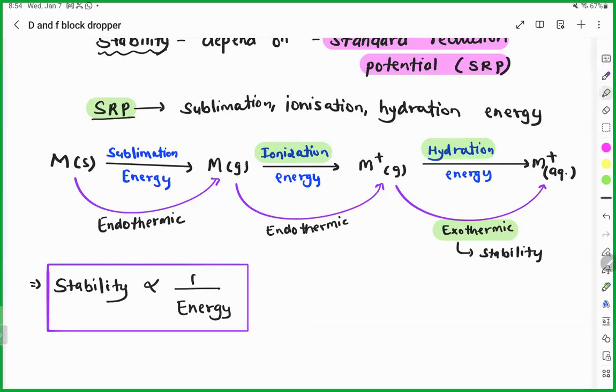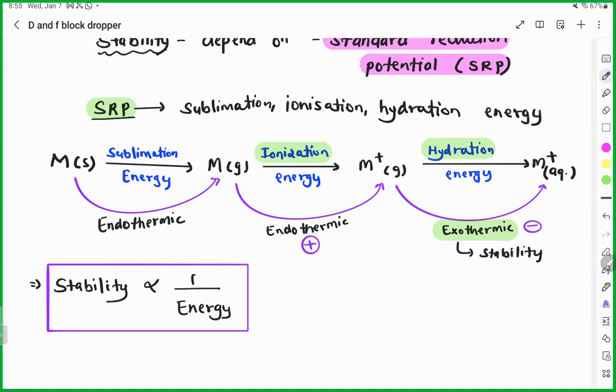Ionization energy is endothermic, so this is positive, and exothermic is negative because it is releasing energy. If the value is negative, then hydration enthalpy is more. If the value is positive, ionization enthalpy is more. Make sense, guys?